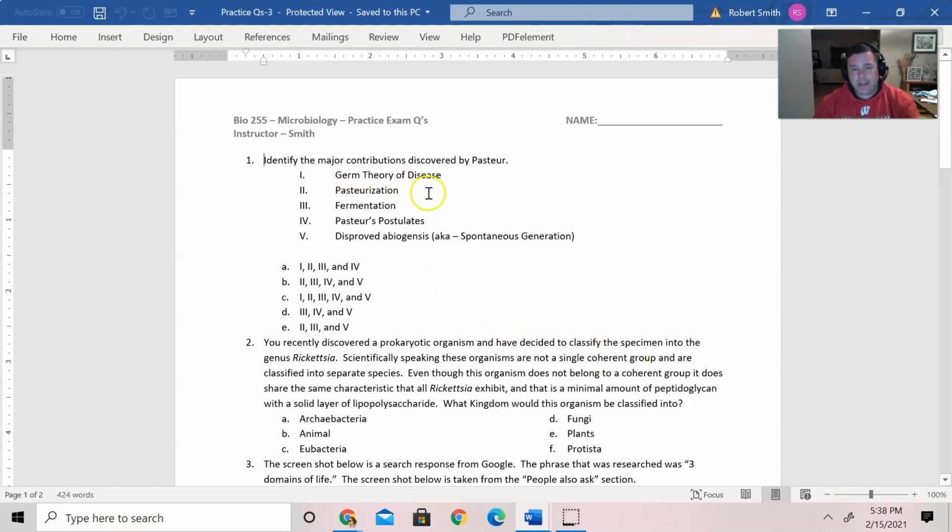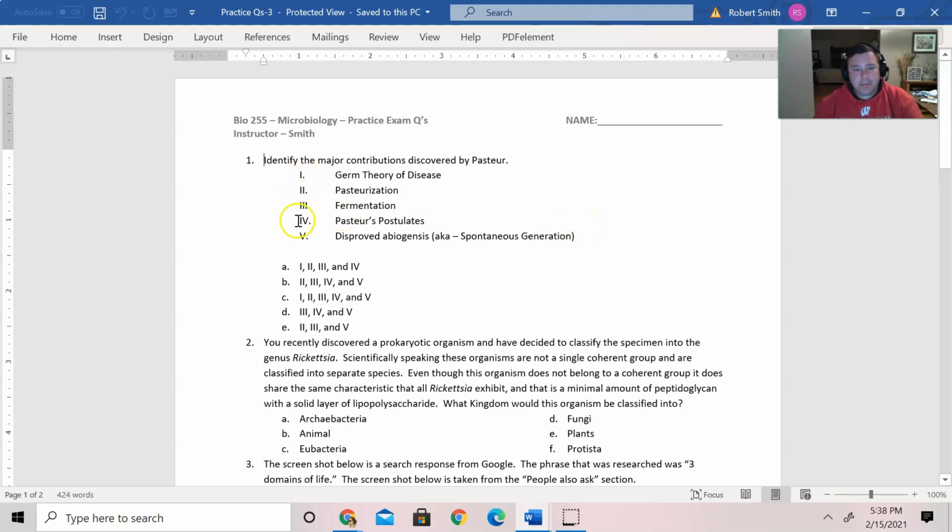Going ahead and taking a look at what we have, question number 1 is pure rote memory, okay? The question is, identify the major contributions discovered by Pasteur. So you have number 1, germ theory of disease, number 2, pasteurization, 3, fermentation, Pasteur's postulates, and then he, of course, disproved abiogenesis, also known as spontaneous generation.